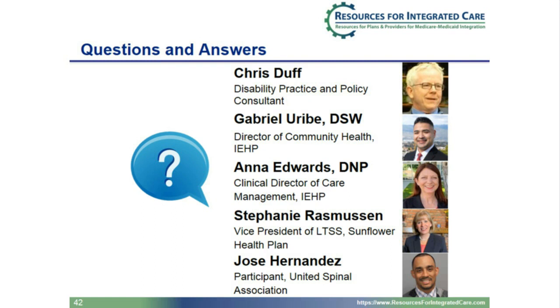Although you get those side effects, it will prevent you from being infected or experiencing severe symptoms from COVID-19. I myself, as a high-level quadriplegic, have limited upper respiratory function, so I knew that I was going to get the vaccine. So connecting them with peers like myself to reassure them and let them know that it is safe, and also to let them know that if you don't get it, you run the risk of having severe reactions to the actual virus itself.